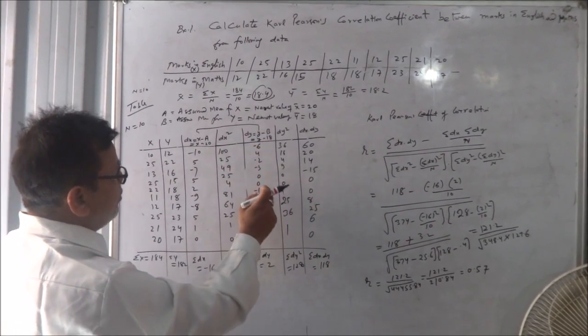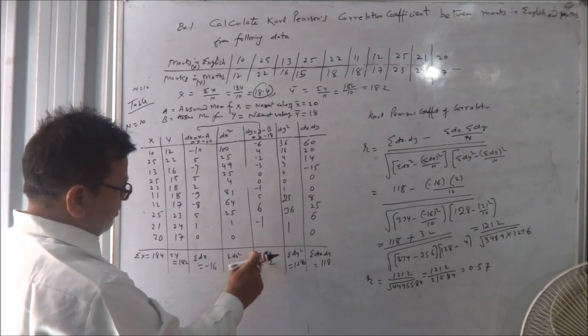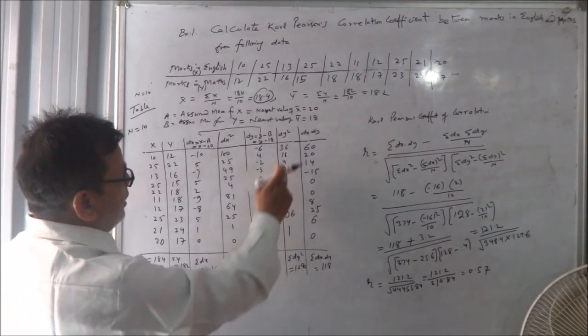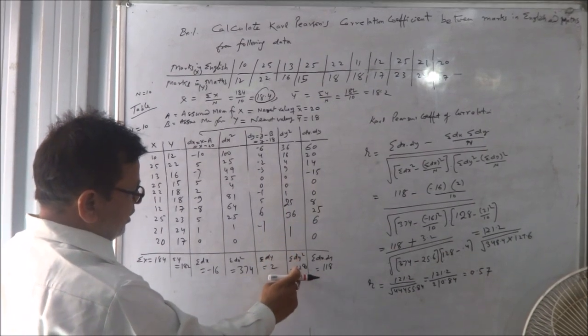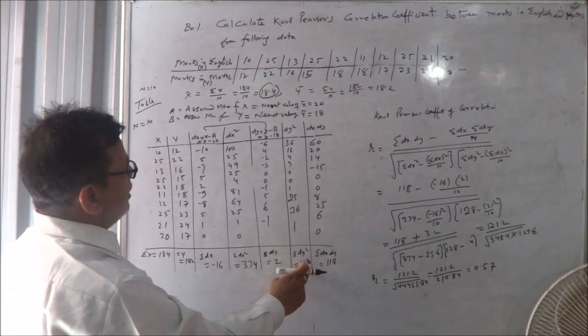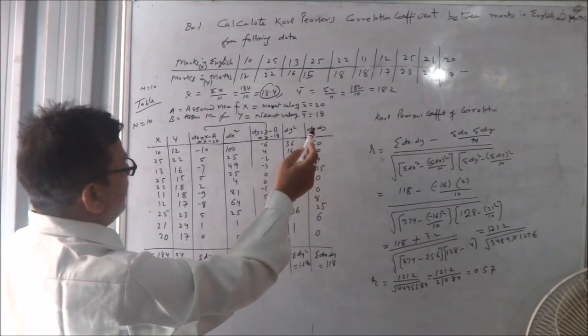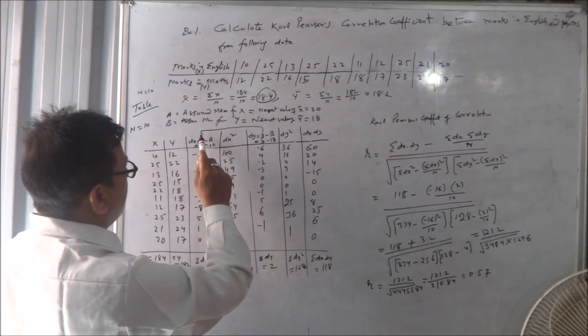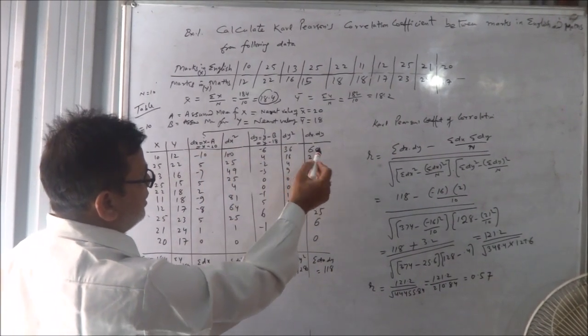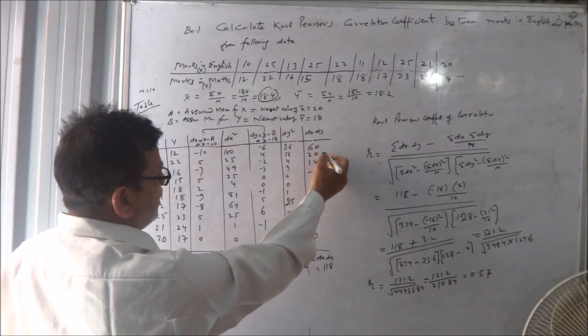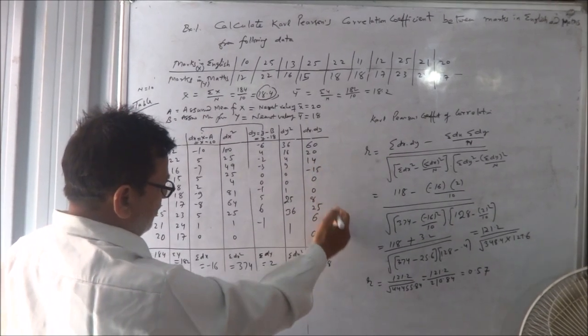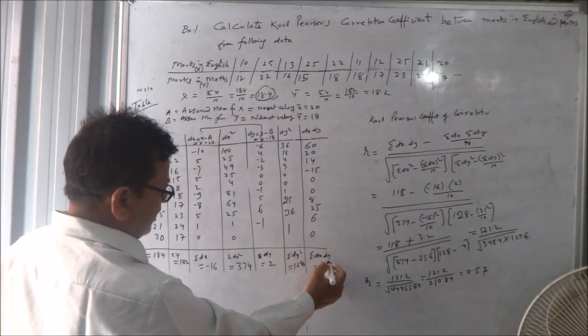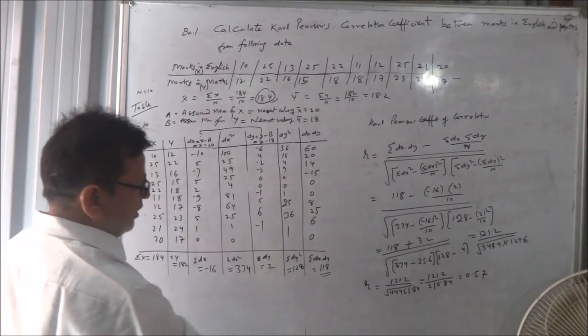This is the series for dy, and the summation of dy is 2. Then their squares, and the summation of dy square is 128. And now at last we have multiplied dx and dy. These are the results for dx and dy, 60, 20 up to 0, and we have added all these. So the summation of dx into dy is 118.